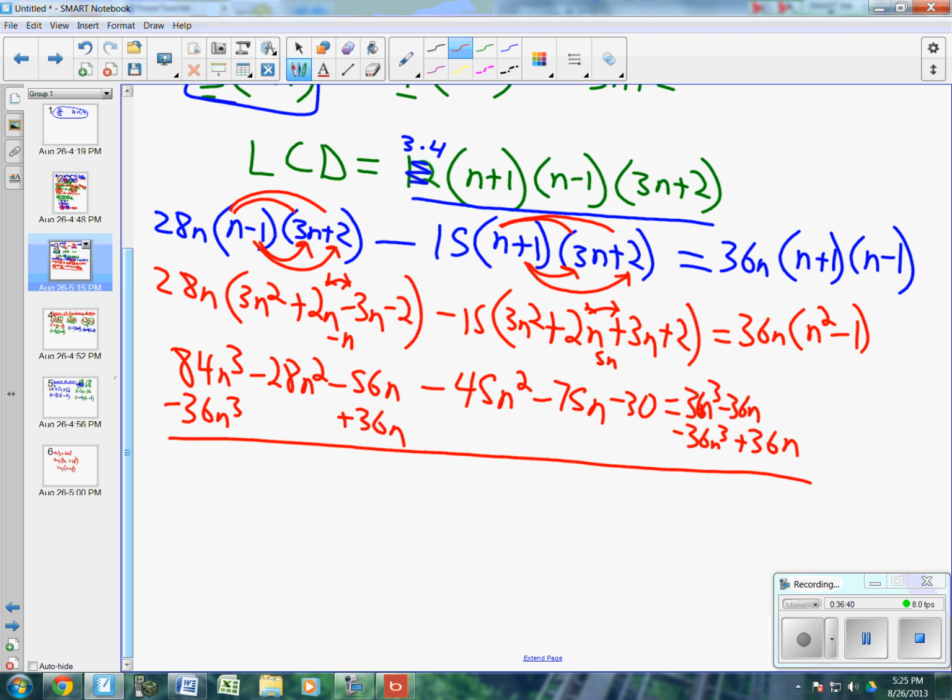Then I'm going to get 48n cubed minus, well, 28 and 45, so 73, minus 73n squared.